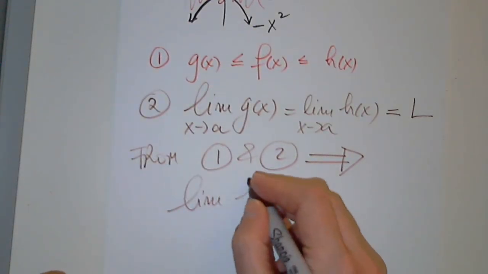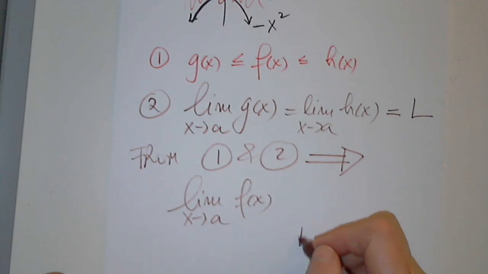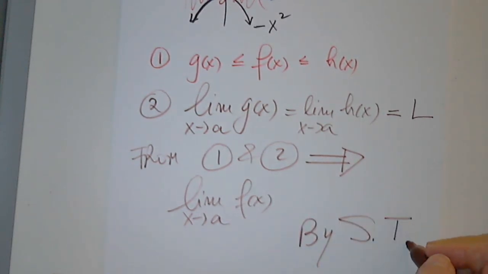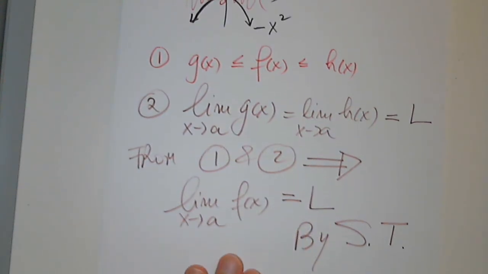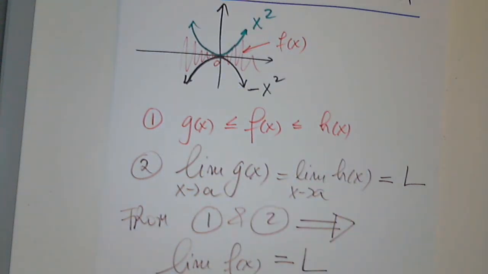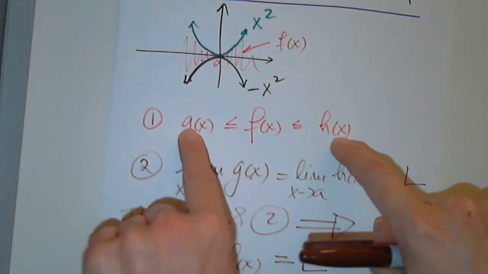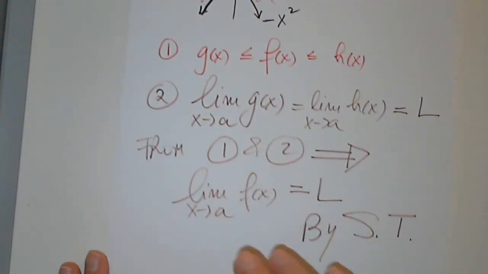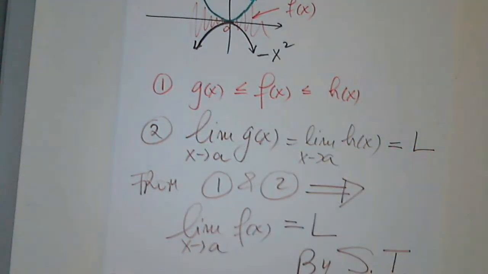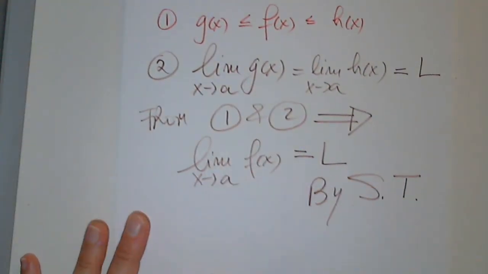That the limit of f of x as x approaches a, by the squeeze theorem, equals L. Excellent. I have no way of determining this limit. You'll see the situation in a minute. But if I show that it's squeezed between two functions, and if I can determine the limits of these two, and they both exist and they're both the same number, then I will immediately conclude that, based on these two hypotheses that are fulfilled here, the limit must be the same.